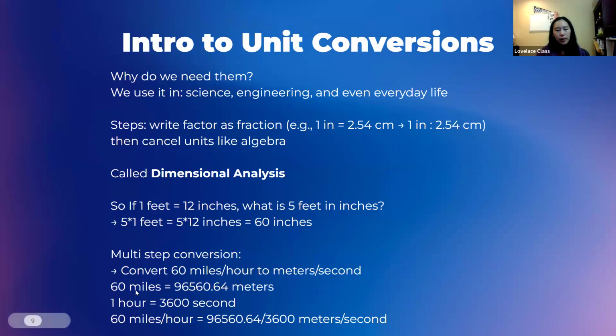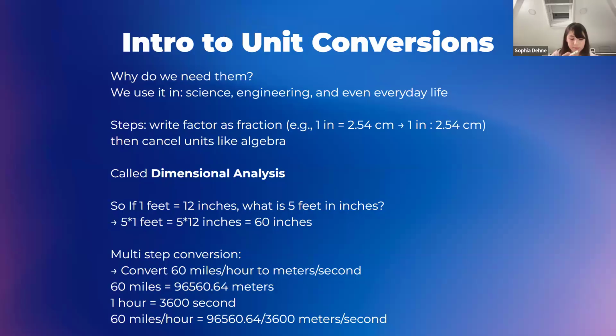But then we can also do 1 hour is 3,600 seconds, because 1 hour is 60 minutes, and 1 minute is 60 seconds. So that's how you get 3,600.